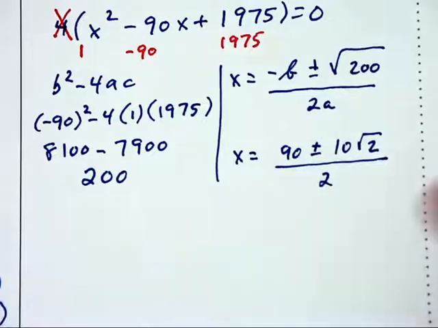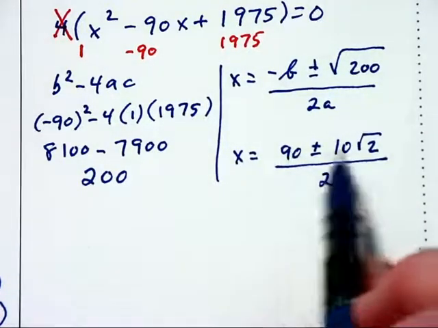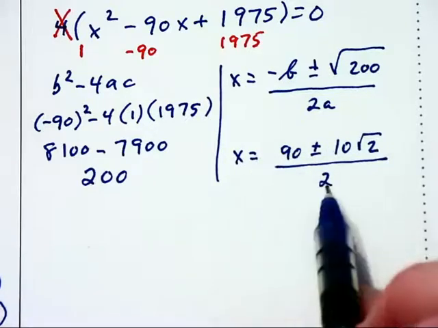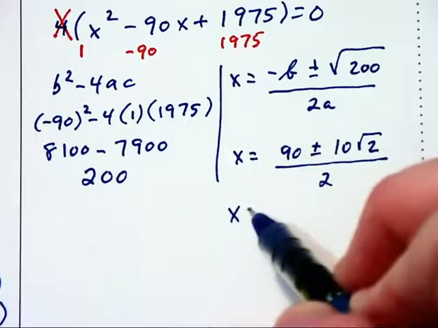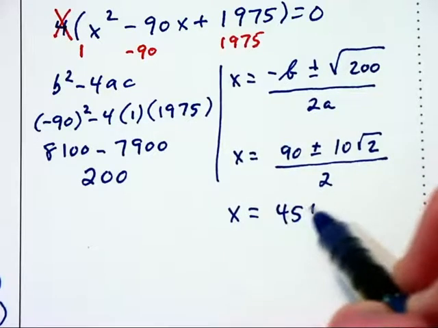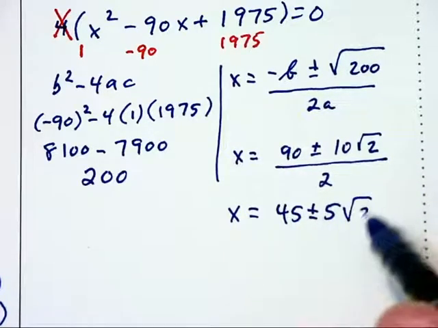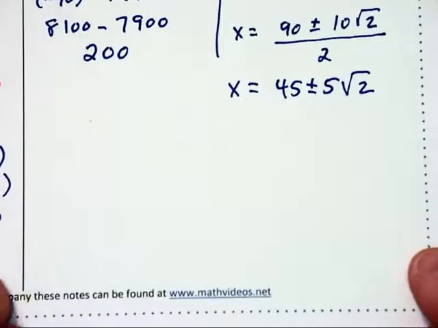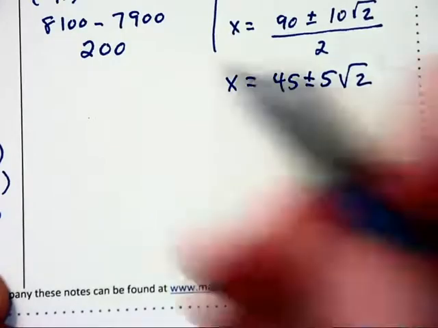I'm going to go one step further. I can notice that both the numerator and denominator can be divided by 2, which will then cancel with the 2. So I'm going to rewrite this as 45 plus or minus 5 root 2. Well, we need an approximation here, rounded to the nearest mile per hour.